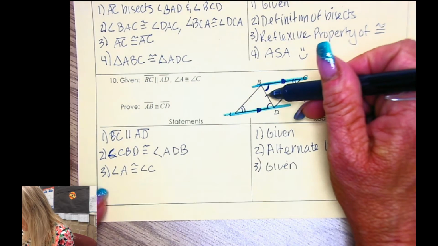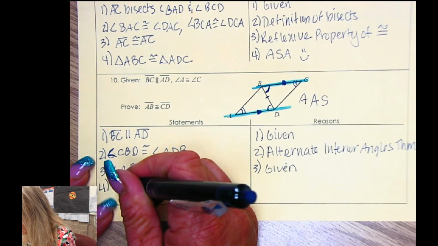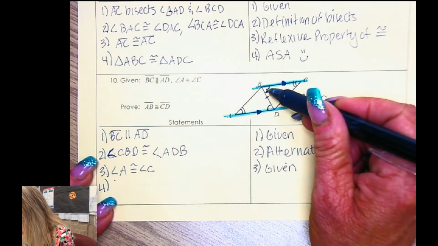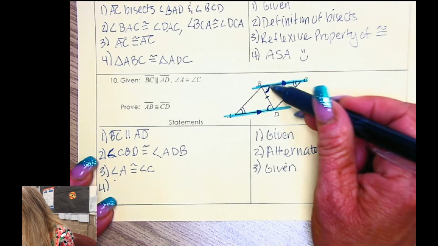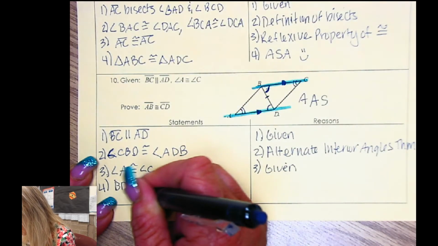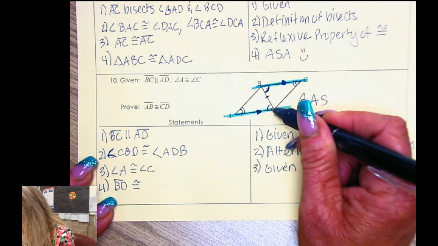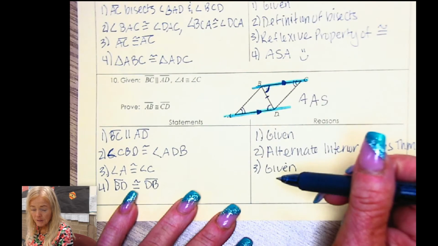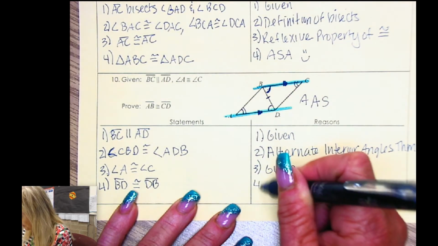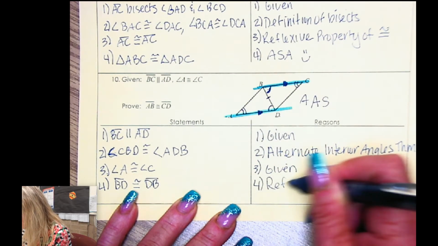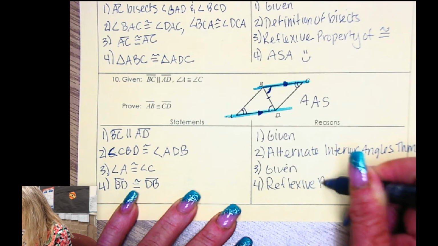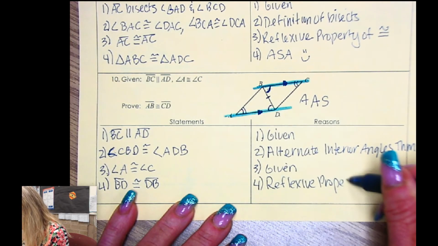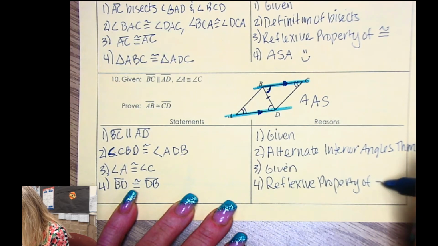Now let's hit this side. We need to state the side is congruent to itself. So in this triangle, it's BD is congruent to DB on the left there. And that is the reflexive property of congruence.